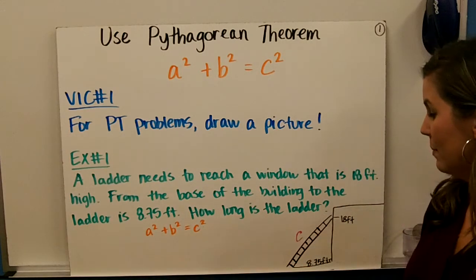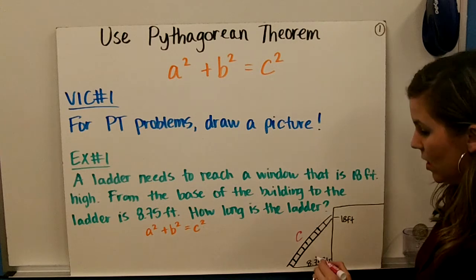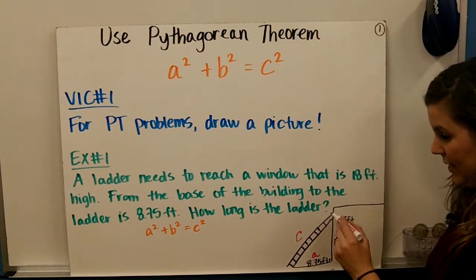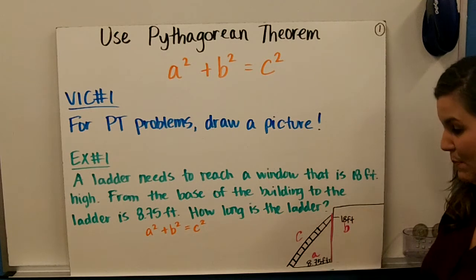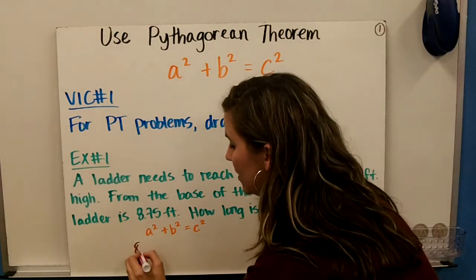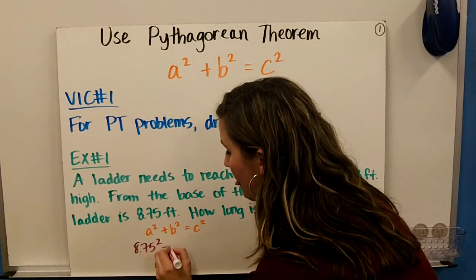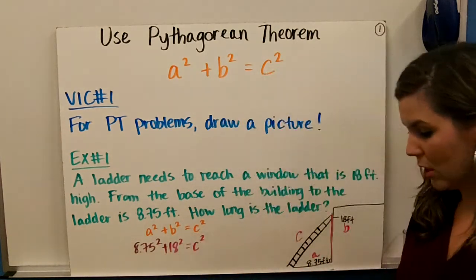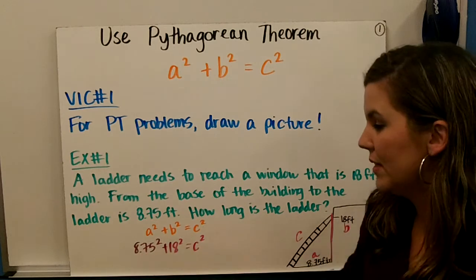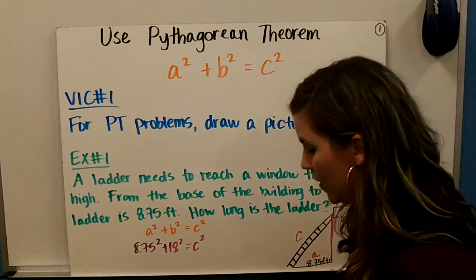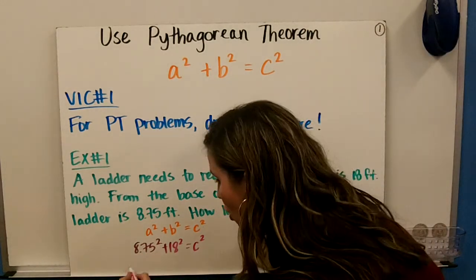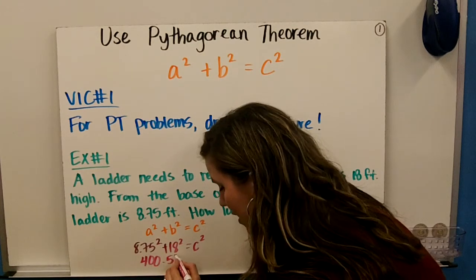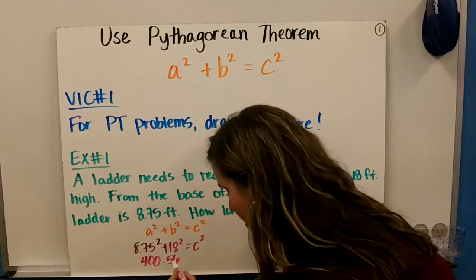So I have the Pythagorean Theorem. I'm going to call the 8.75 A, and 18, this side here, is B. Plug these numbers into the Pythagorean Theorem and solve for side C. 8.75 squared plus 18 squared is 400.5625.